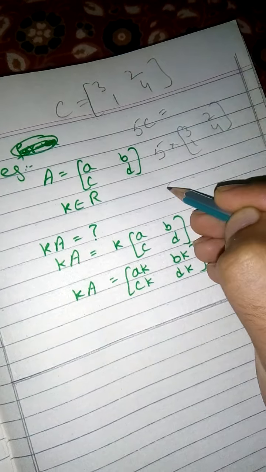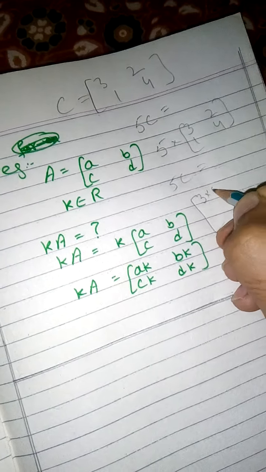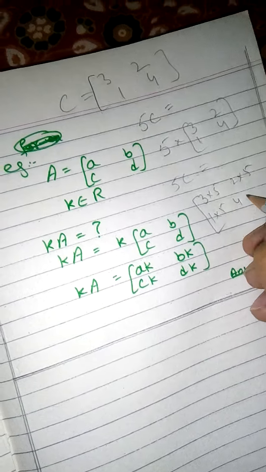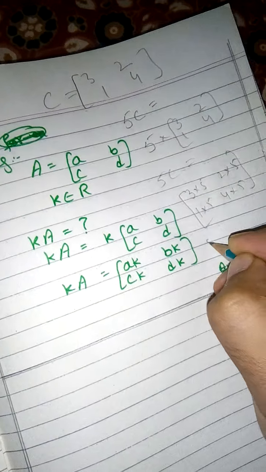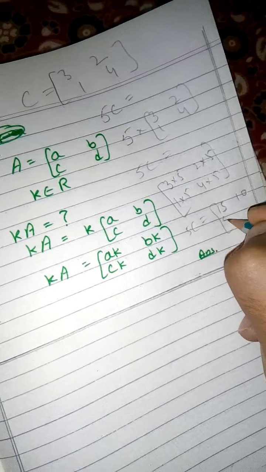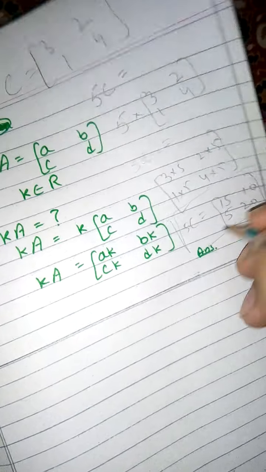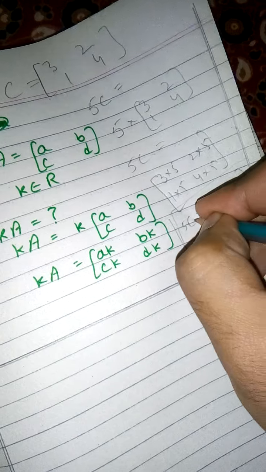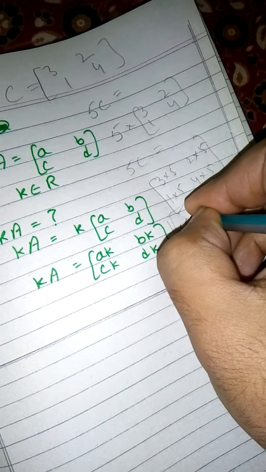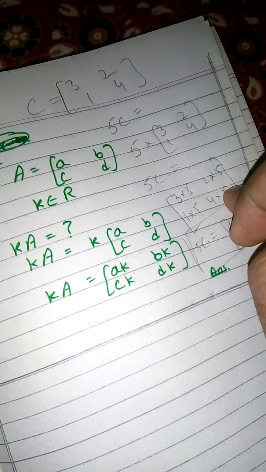Now this 5 will multiply with each and every element: 3 into 5, 2 into 5, 1 into 5, and 4 into 5. Now 5C will be: 3 fives are 15, 2 fives are 10, 5 times 1 is 5, and 4 fives are 20. This is the solution. 5 is a real number and C is a matrix. So if you want to find the product of a real number with any matrix, you have to multiply with each and every element of that matrix.